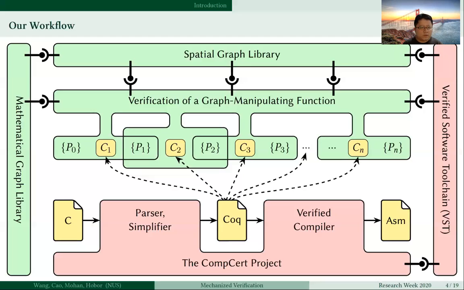During the verification, our mathematical graph library provides necessary concepts and theorems about graph theory used in the specification. Our spatial graph library provides spatial representation of the mathematical graph in memory and the theorems to reason about them. The whole triple mechanism and the program logic are provided by Verified Software Toolchain, as mentioned before.